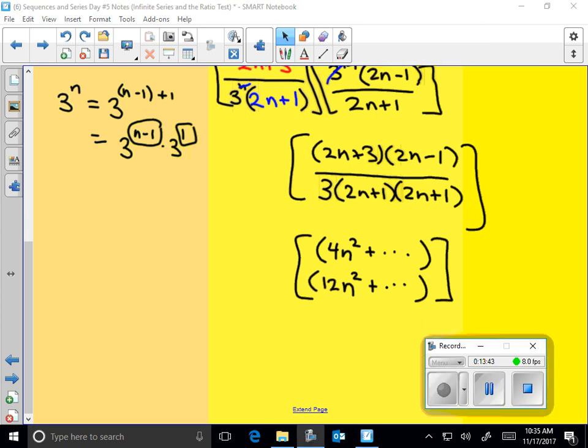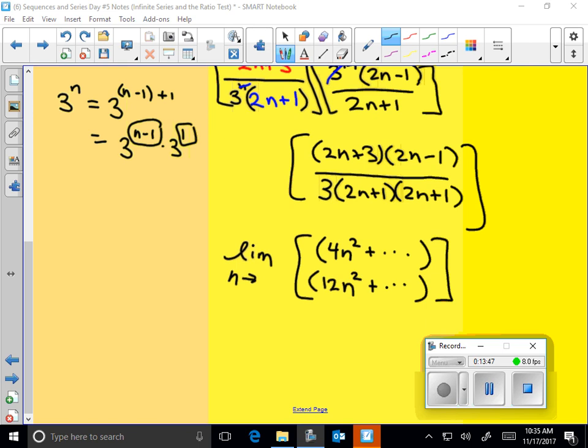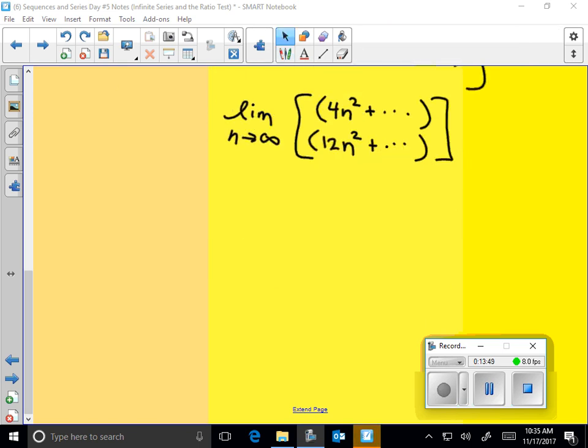I take the limit as n goes to infinity here. Is this going to come out to be a convergent series? Yeah, it's 4/12ths, right? So the limit would be 4/12ths. We could call that 1/3.